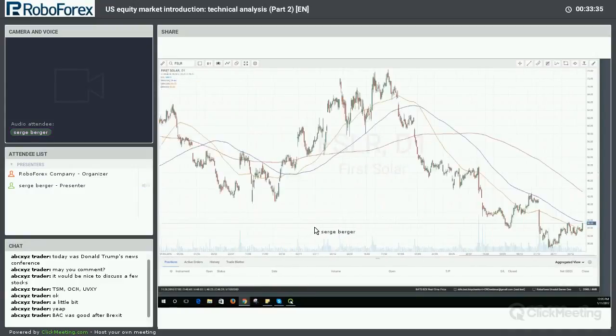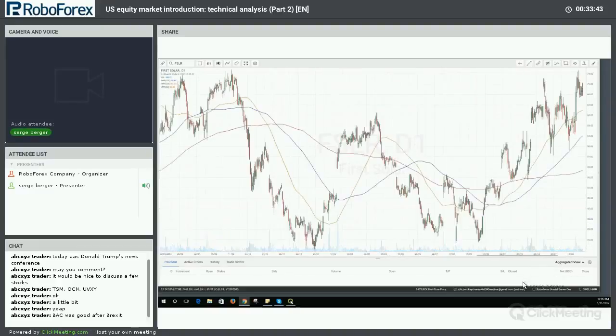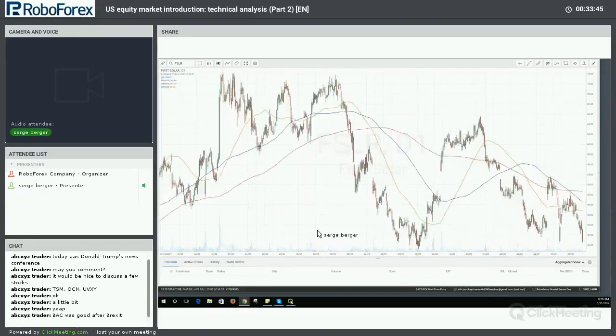Let me quickly zoom out a little bit. Technical analysis is a very visual way of analyzing markets, and what I'm going to show you here is a pattern that I consider to be one of the better ones, essentially called a rising wedge.